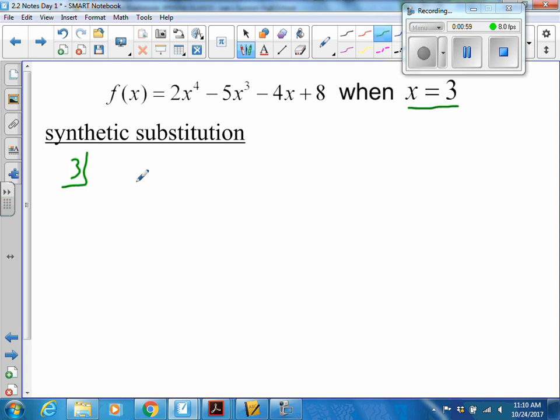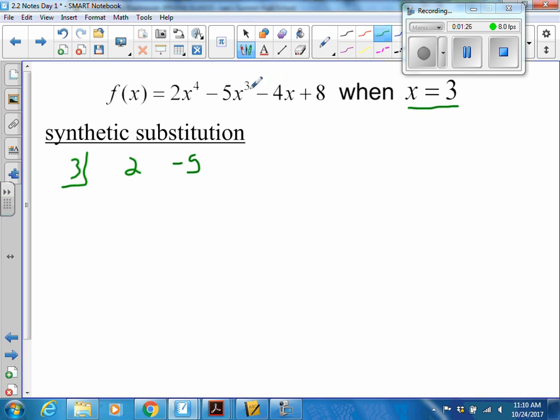Now, what I need to do next is write each of the coefficients of our polynomial, okay? So our first term, the coefficient is 2, so I write 2. Now remember, we're going in descending order, so we go next to our x cubed, and the coefficient for that term is negative 5. Now if you notice, we have x cubed and we have x.